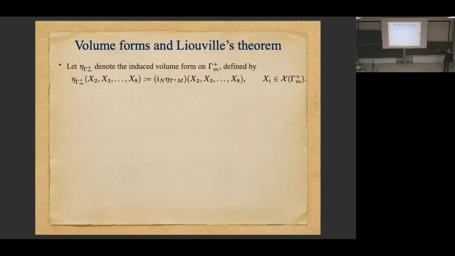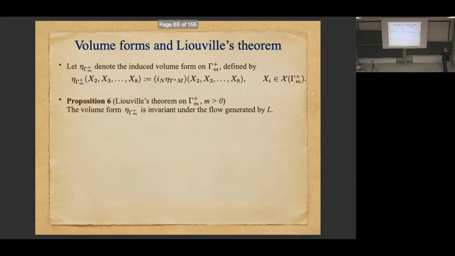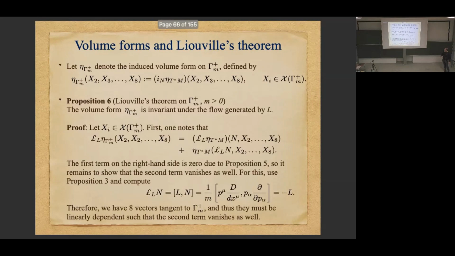So that's the interior derivative. That's the definition of the induced volume form. We already know what this n is, so you can compute this, and now you can show that this volume form too is invariant with respect to the flow generated by L.